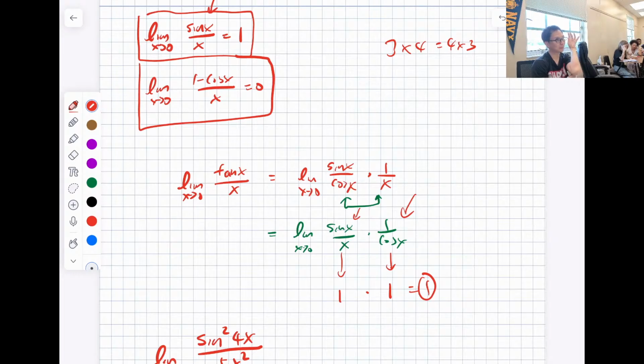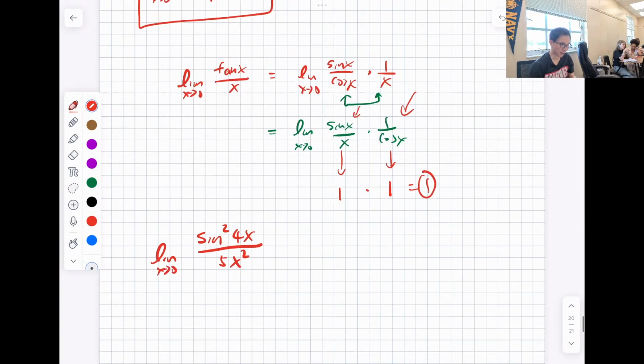You have sine squared, and you say, well, what do I do with that? You probably first think about the Pythagorean identity, but trust me, it's not. You don't need a Pythagorean identity. You want to make it the sine of x over x. You already have everything you need because you have sine squared 4x over 5x squared. You already have x times x on the bottom, and you also have sine of 4x.